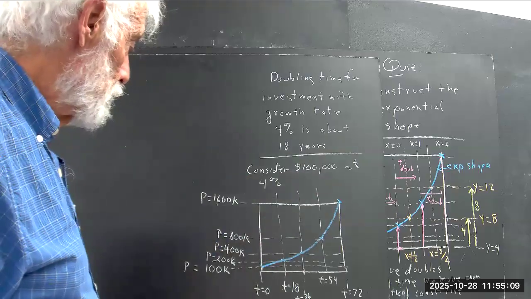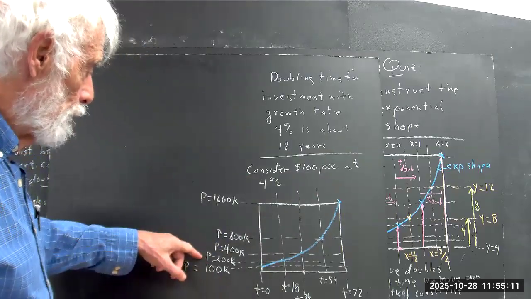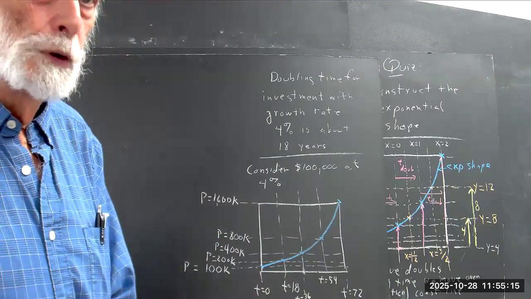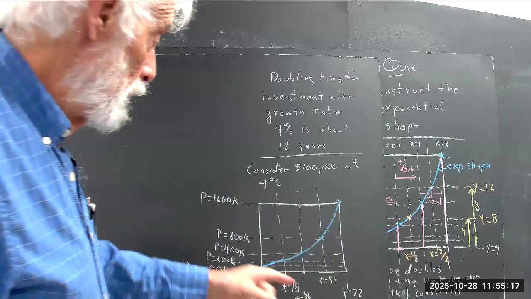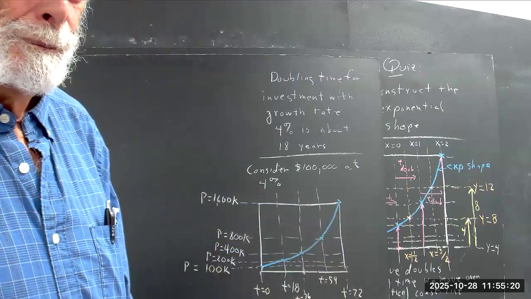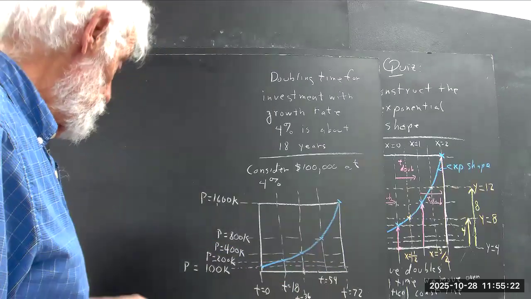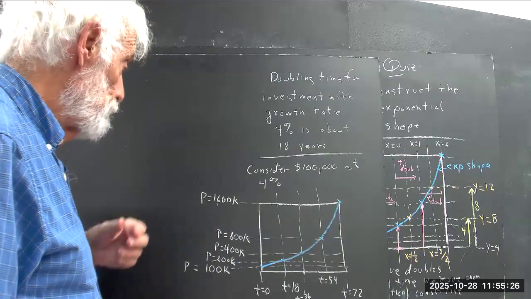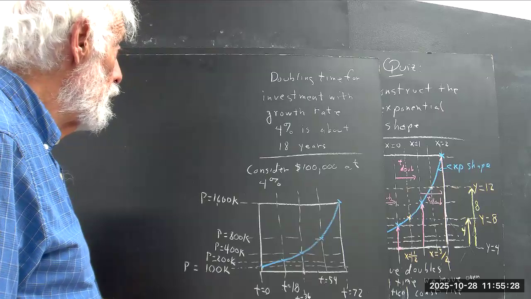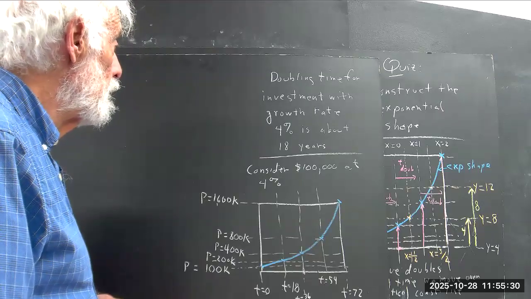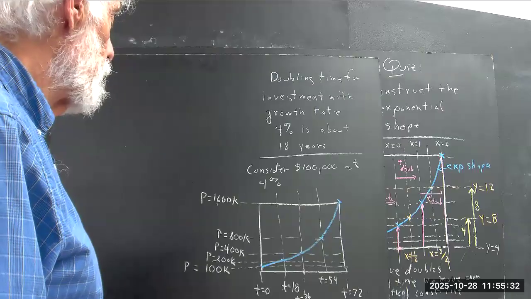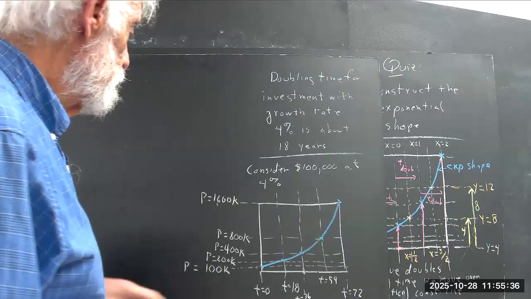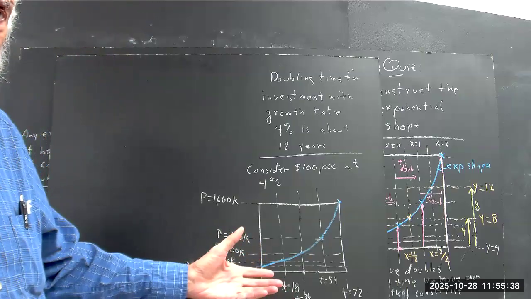But this gives you a picture of how the amount of money in an account at 4% would grow basically over a lifetime. That makes sense?